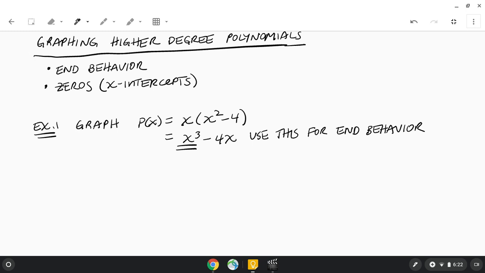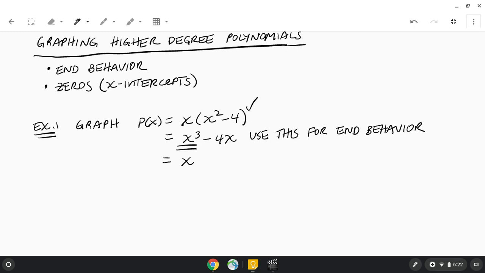When it's written like this, however, it's very difficult to figure out the x-intercepts. So to find the x-intercepts or the zeros, we like it to be in completely factored form. So up here, this is almost what we want. Okay, so I'm going to ignore the x cubed minus 4x. I'm going to start from that original polynomial and finish factoring it.